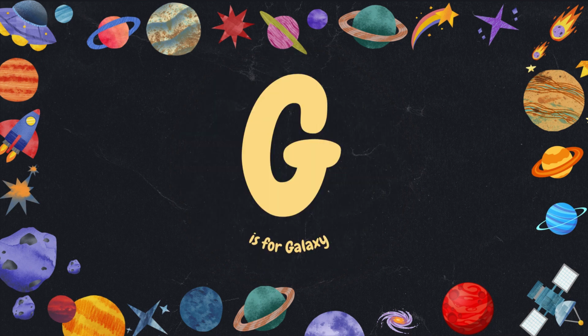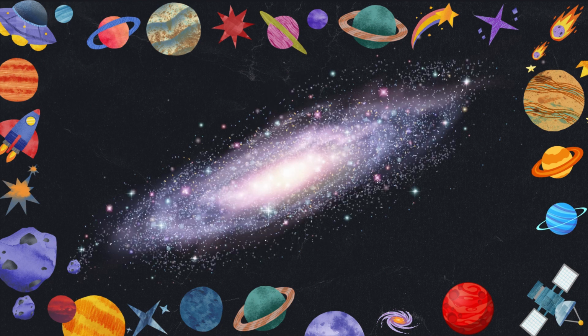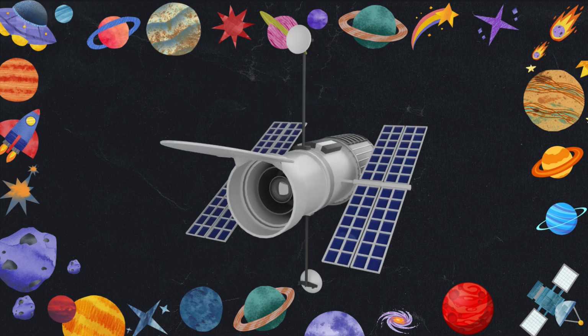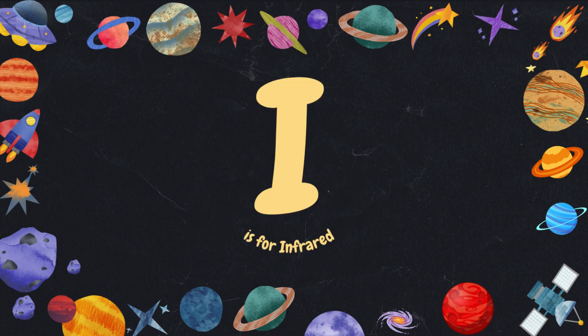G is for galaxy. H is for Hubble. I is for infrared.